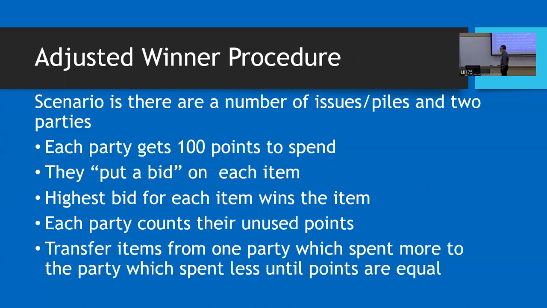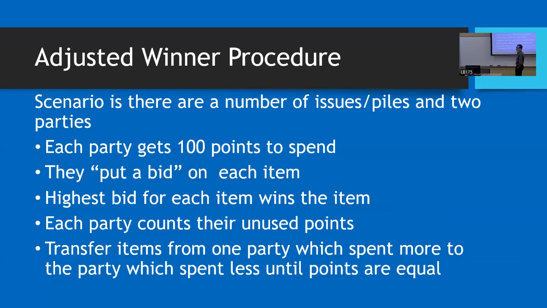So there's two individuals who have to split up a bunch of piles of goods. Instead of picking piles, we give each individual 100 points to spend, all right? So they have to spend their 100 points.